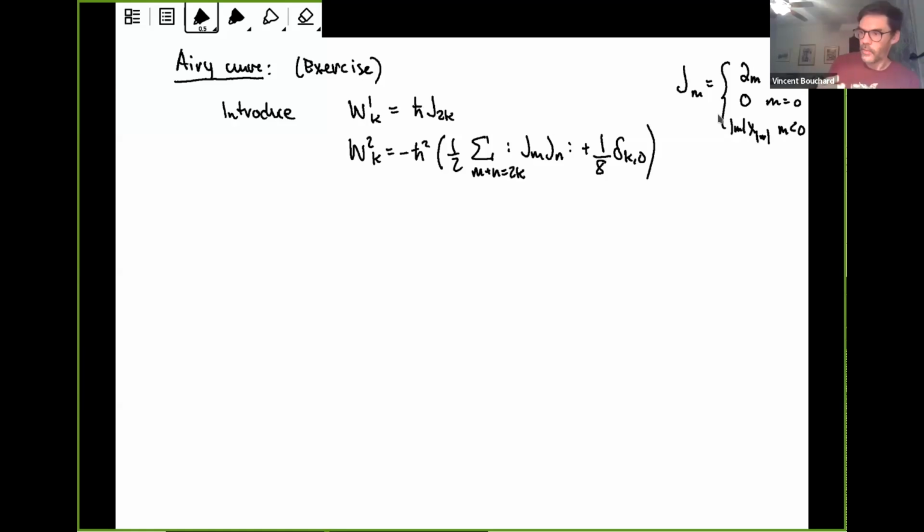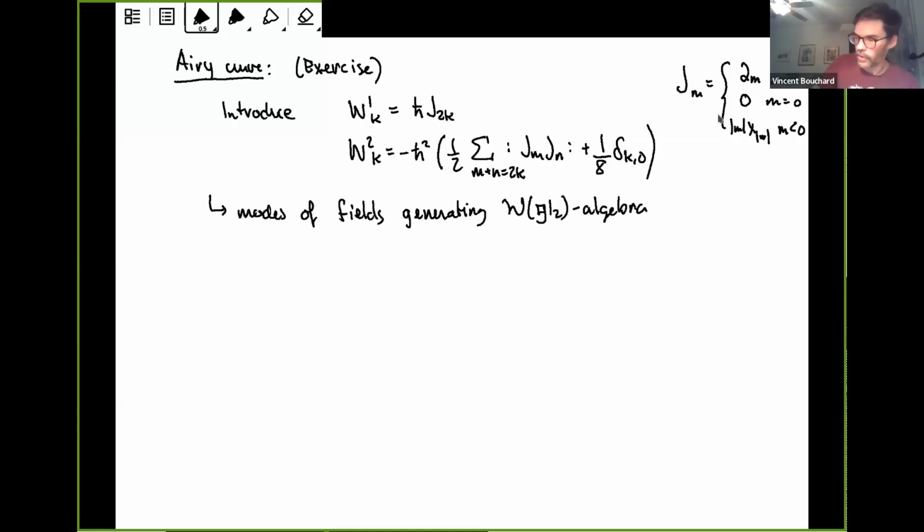These are not random. These are the modes. If you know about conformal field theory or vertex operator algebras, VOAs, these are the modes of some fields that strongly generate an algebra called W of GL_2 at central charge 1, or what's called self-dual level.